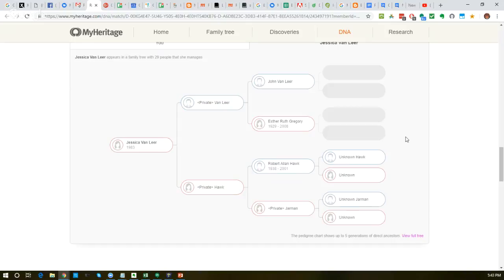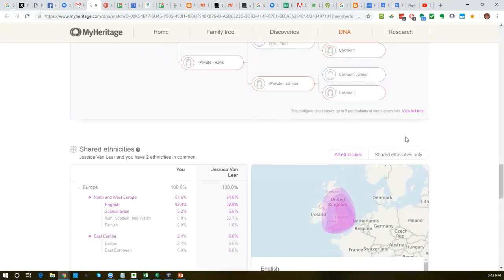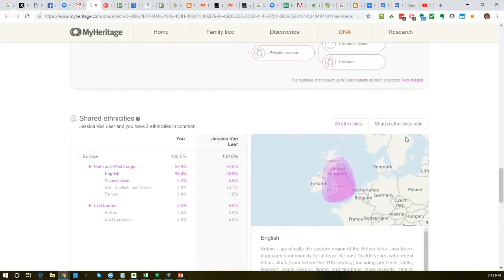And this person doesn't have a lot of information in their tree, which is fine, but I'm still trying to find out where we might connect. Ethnicity, to me at this point, is not important or helpful, because I understand that the DNA match ethnicity is deep ancestry.